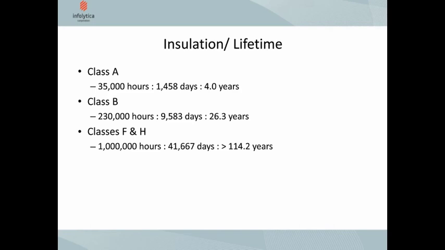As we're assessing the components that we're putting in the machine and the insulation we're using, based on the intended lifetime of the motor, we can make choices. For instance, if our machine is intended to have a warranty of 2 years, Class A would be suitable, and it would certainly work within that warranty.